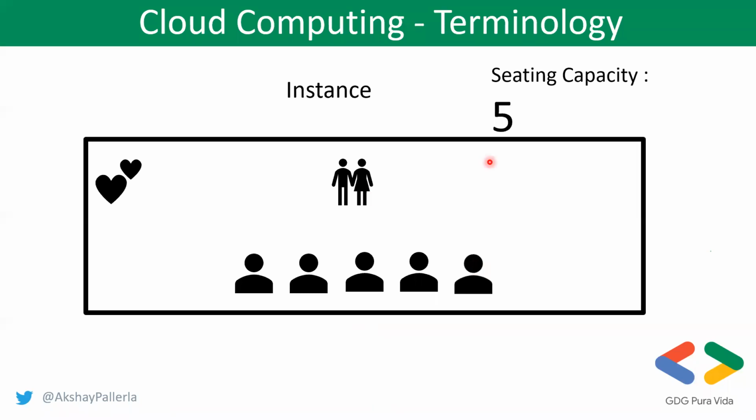But the problem here is the capacity of this particular hall is fulfilled. I cannot have more guests. Ethically, I really want to host all the guests and honor everyone attending the wedding, but I am bound by the seating capacity here.